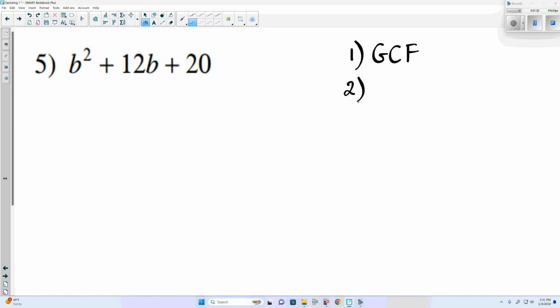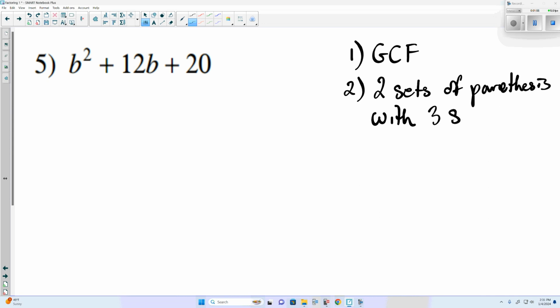Now, the way you went over factoring previously might be different than this. If that way makes more sense, do it that way. If this way makes more sense, you can do it this way. Because what I do next after that is draw two sets of parentheses with three spaces.